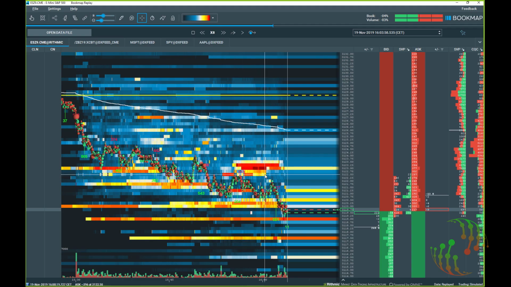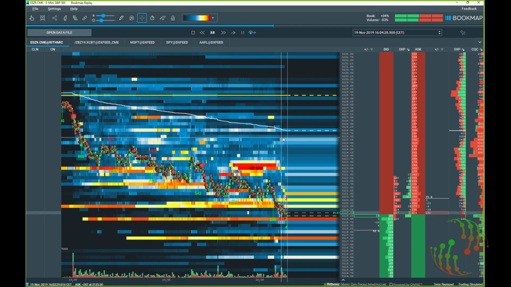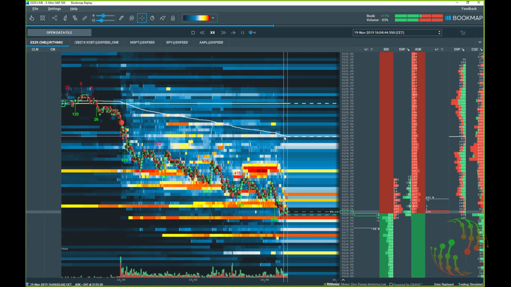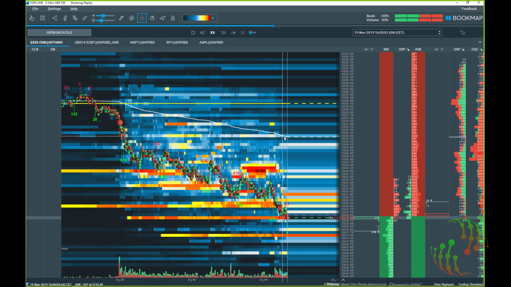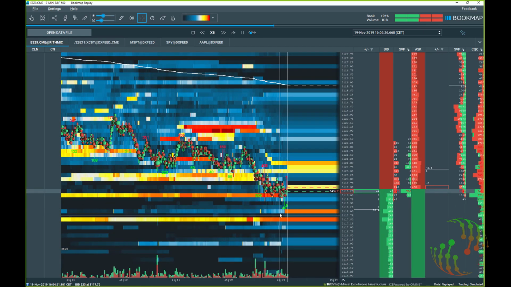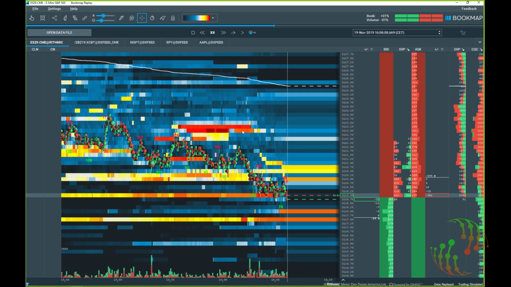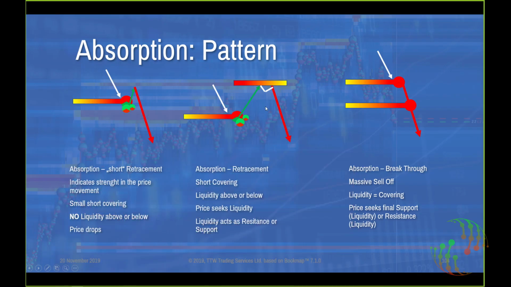So I would have waited until 22, 23 to get a short. It's a little bit annoying that they didn't touch this 22 area. So you have to rejoin the move. Absorption here. Small reaction on this absorbed level here. Small reaction. It is this one, this pattern.